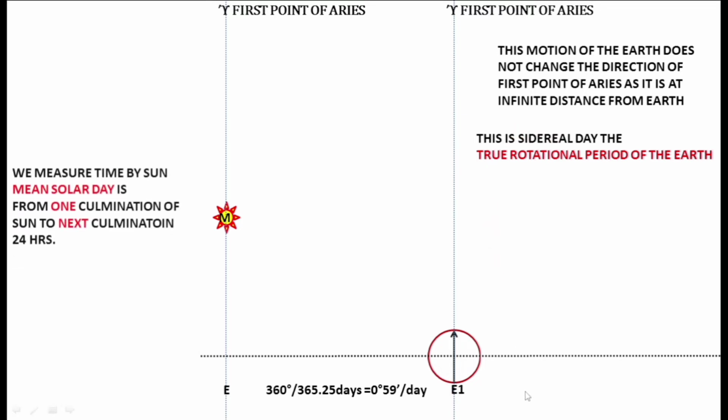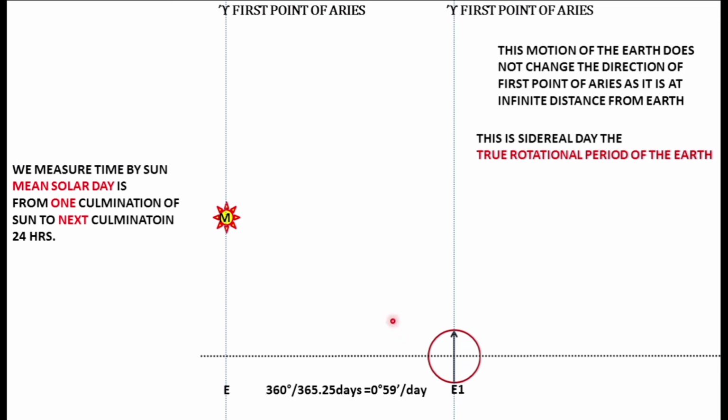Now here we are measuring the time with the mean sun, and we have moved about 59 minutes ahead. So to complete a day, the Earth would have to rotate this extra 59 minutes before the mean sun comes in line with the meridian of an observer on this meridian.